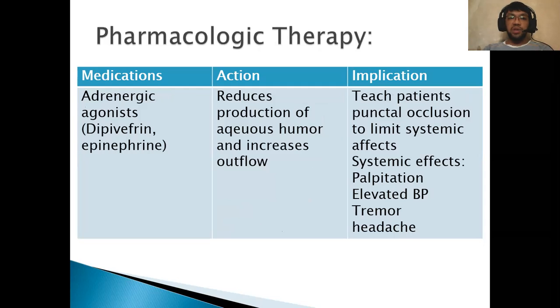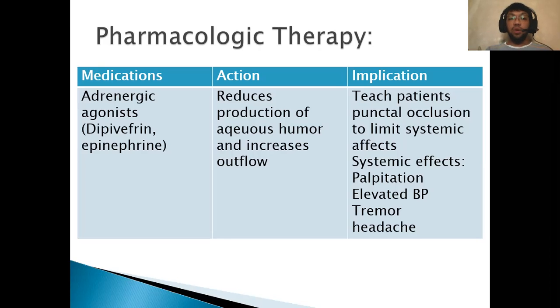Adrenergic agonists such as dipivefrin or epinephrine. This reduces production of aqueous humor and increases outflow as well. We need to teach patients about punctal occlusion to limit systemic effects. Systemic effects can cause palpitation, elevated BP, tremors, and headache.